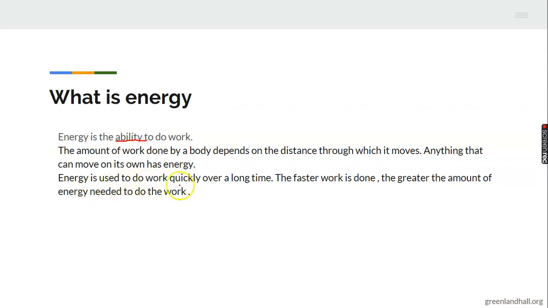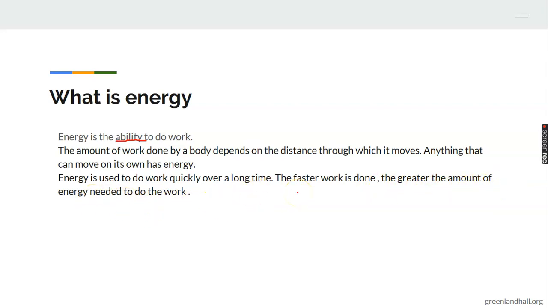Energy is used to do work quickly over a long time. I can decide to jump from now to the next 1 hour because I have the energy. I can decide to take this class for the next 2 hours if it won't be boring to you because I have the energy. So the faster work is done, the greater the amount of energy needed to do the work.